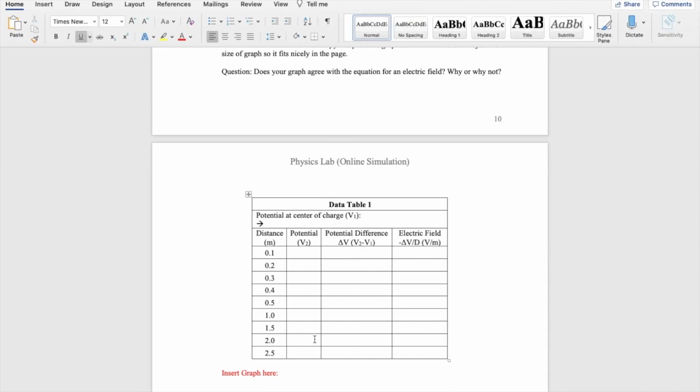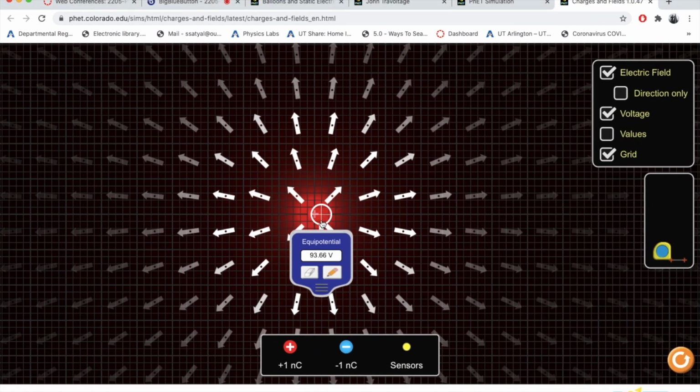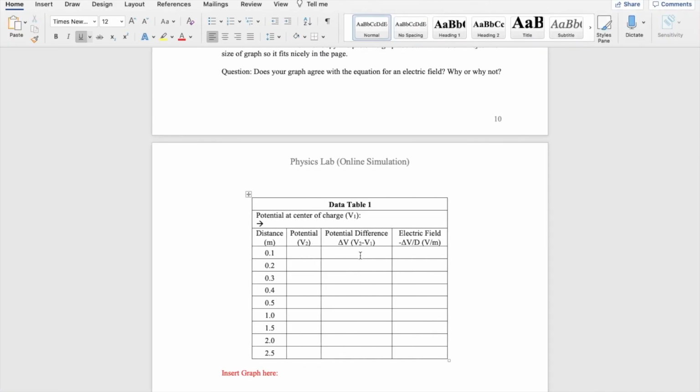That gives you V2. So the potential difference is delta V, which is V2 minus the potential at the center, which was about 1300. If you get 1200, that's fine, but it's more than 1000. So you get the difference here, and that difference will be negative because you're measuring between two different points, and the potential difference can be positive or negative, depending on the reference point you take.